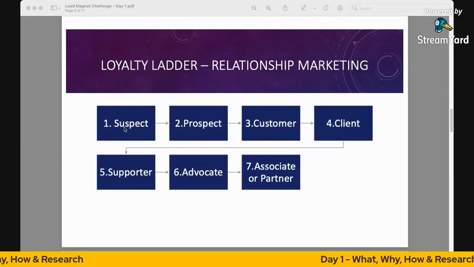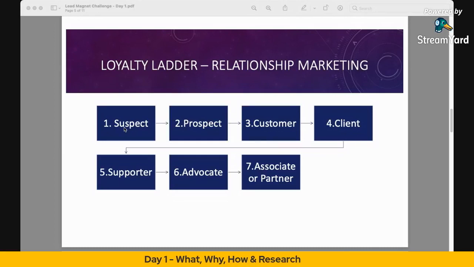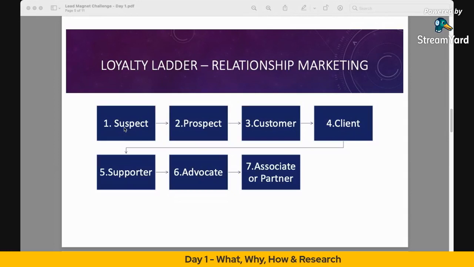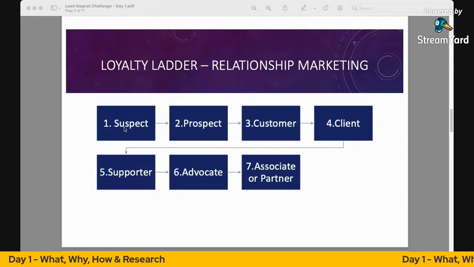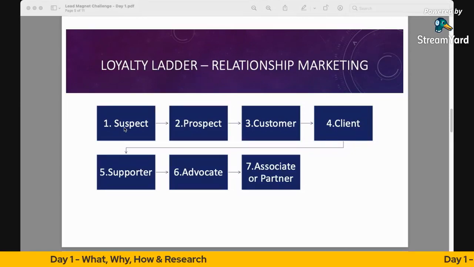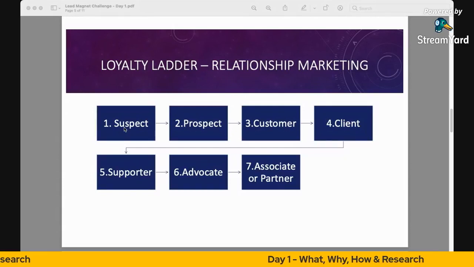I can think about this person. I may buy one or two items from you. Or they can even say, oh, I want to know what they are doing. It could be your competitor, which becomes a prospect as well. And then if he or she buys one product, they become a customer. And if they are doing a repeat purchase, they become a client.